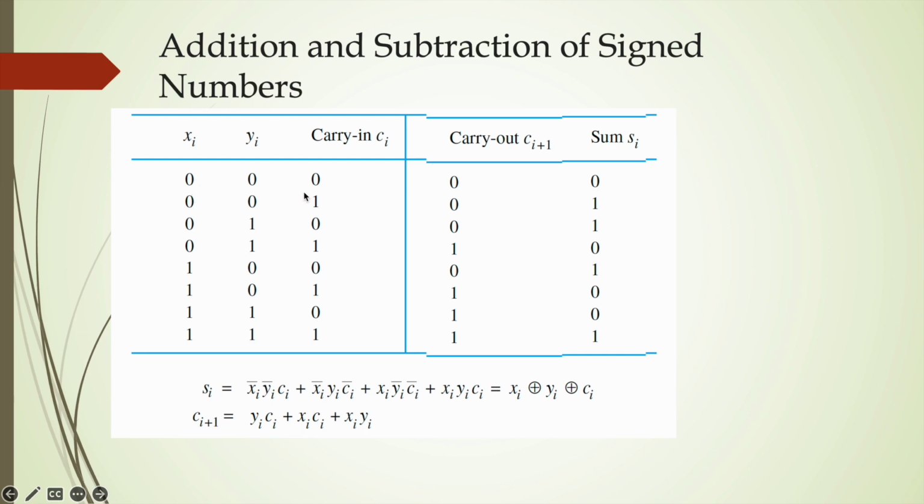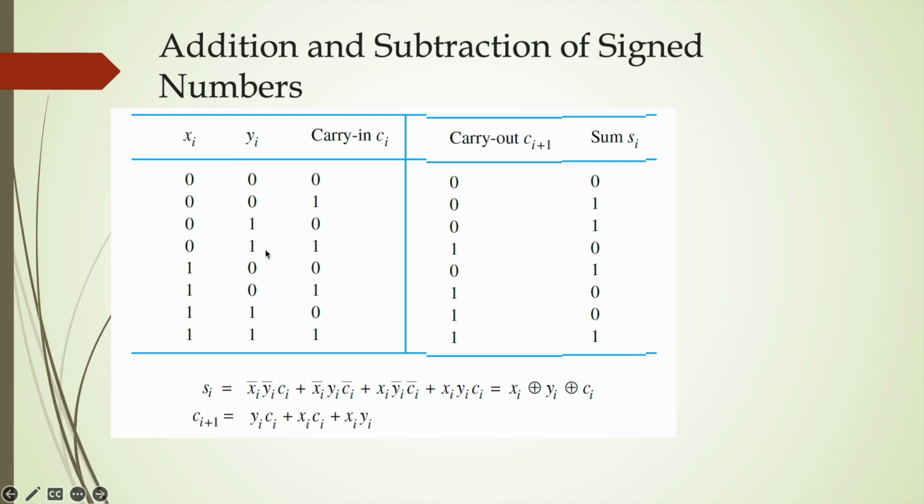So now what will be the outputs? For 0 0 0, 0 plus 0 plus 0, the sum is 0. So what will be the carry? Carry is 0. For 0 plus 0 plus 1, what is the sum? Sum is 1 and carry will be 0. For 0 plus 1 plus 0, sum is 1, carry will be 0.